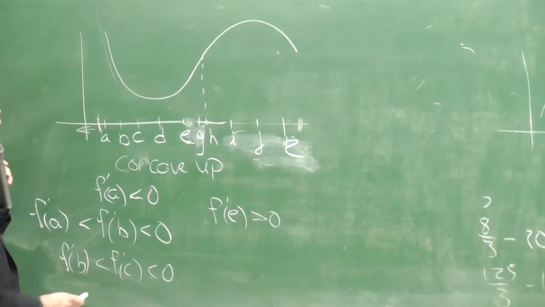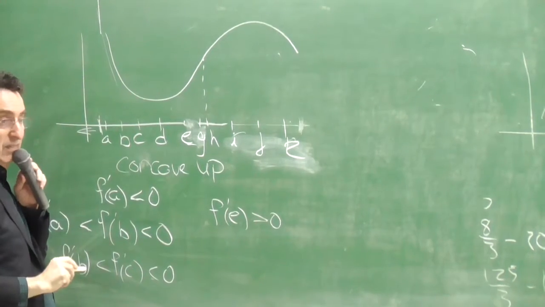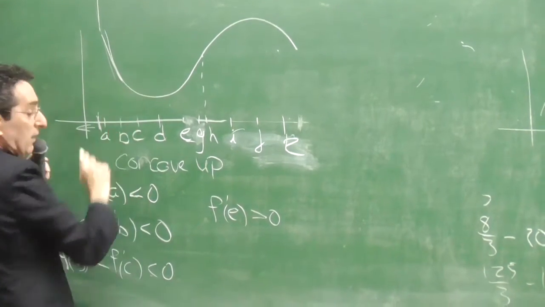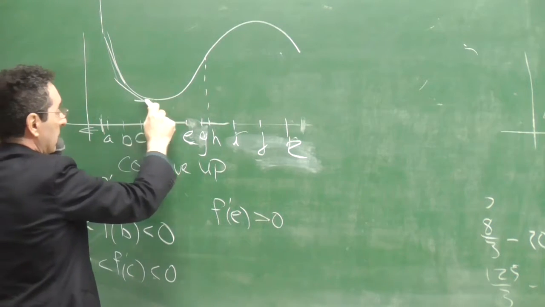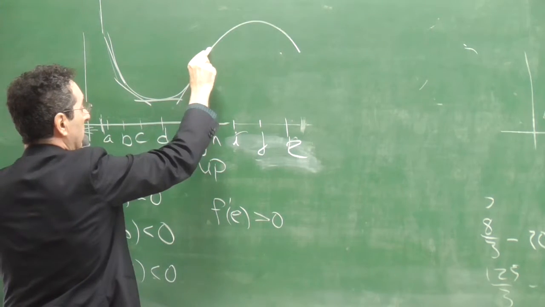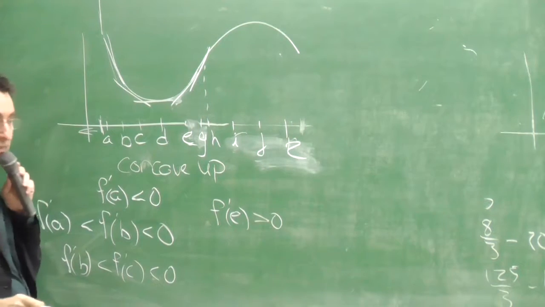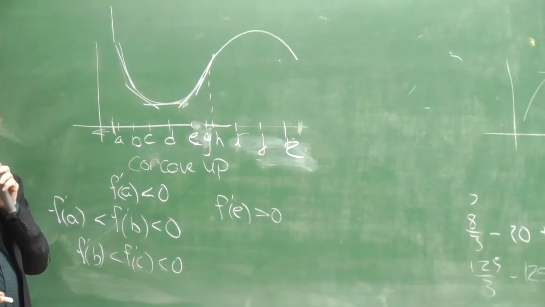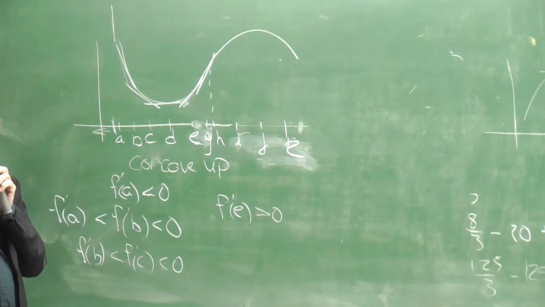So what's happening to the derivative? It starts out very negative, becomes less negative, becomes less negative, but still negative, becomes 0, becomes positive, and more positive. If something starts out negative, less negative, positive, more positive, what will you say about it?